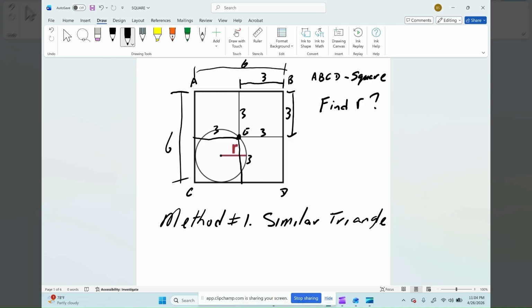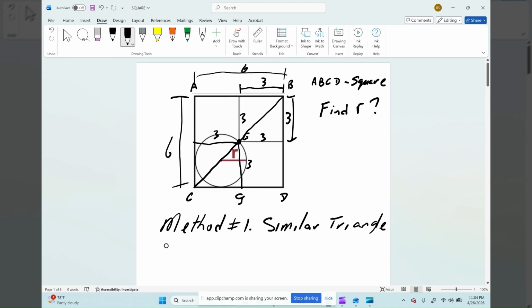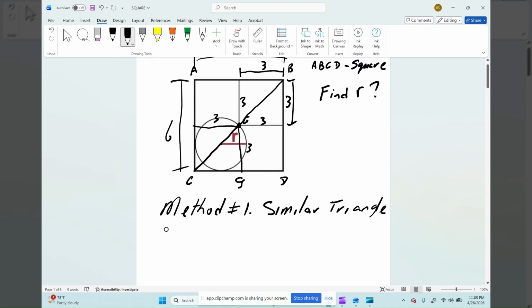Also, let's give this point here a G, and we know that all of these points lie along the hypotenuse. So in method number 1, we're going to consider two triangles, one of which is BCD.